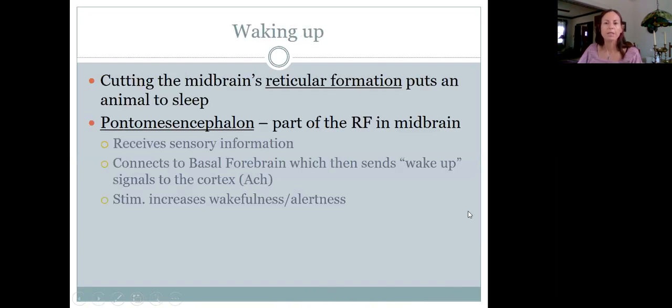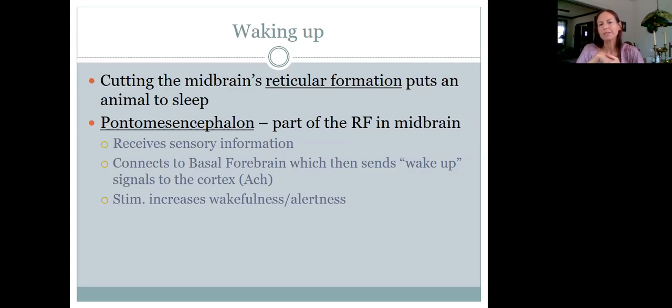Okay, I want to talk a little bit about the brain mechanisms of sleep and arousal. One of the things we saw early on in sleep is that if you cut the reticular formation, which is a band of fibers in the midbrain area, you cut this pontomesencephalon, and that's part of this reticular formation in the midbrain. What happens is it's going to be sensory afferents bringing up sensory information, and once you cut that, the animal goes to sleep.